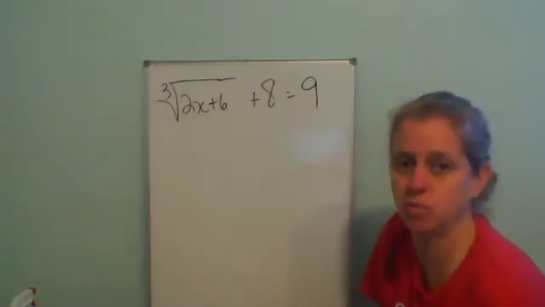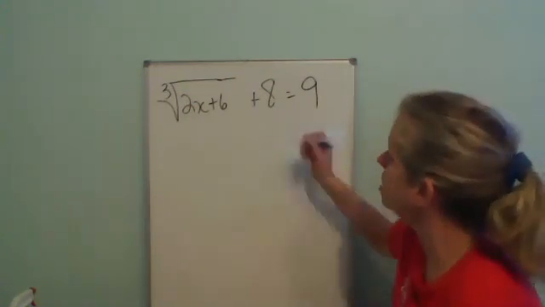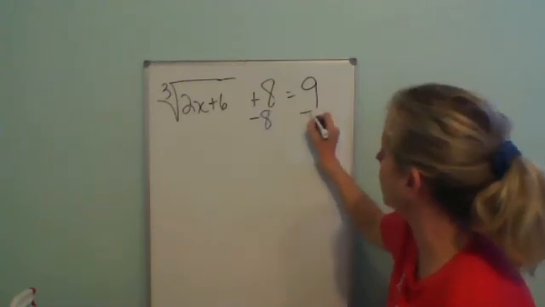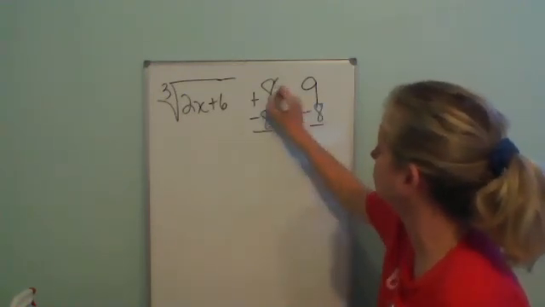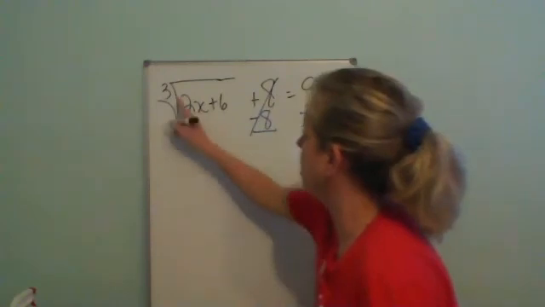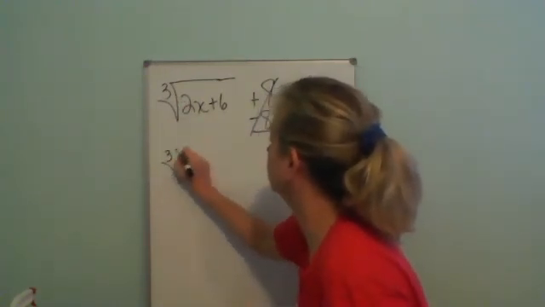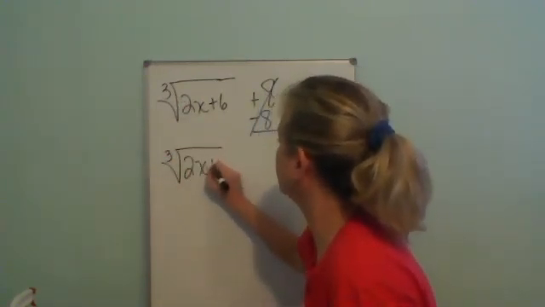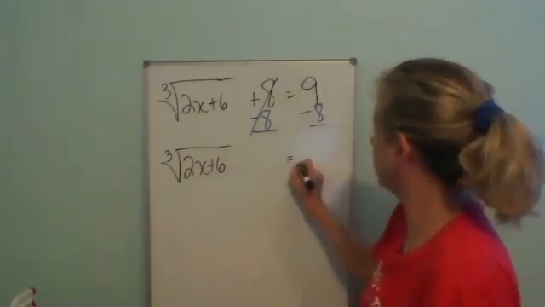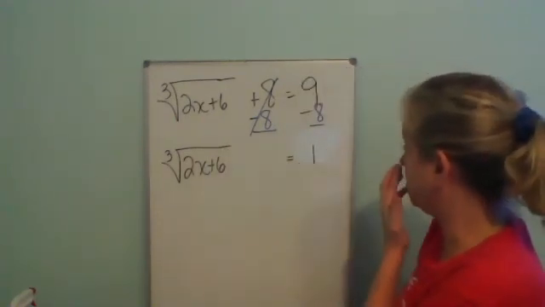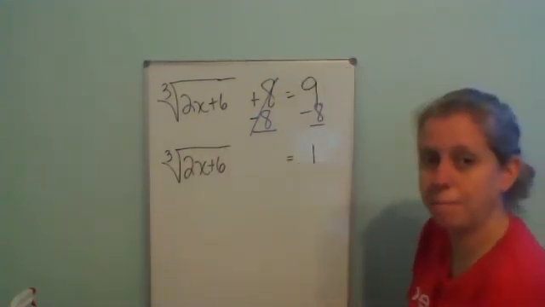You don't want to try to mess with it on the same side of the radical. So before I do anything else, I'm going to subtract that 8 off of both sides. So now I'm going to have the cube root of 2x plus 6 equals, on the right, 9 minus 8, which is 1.